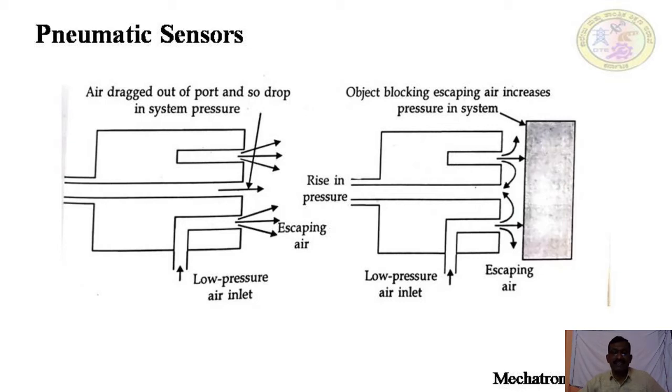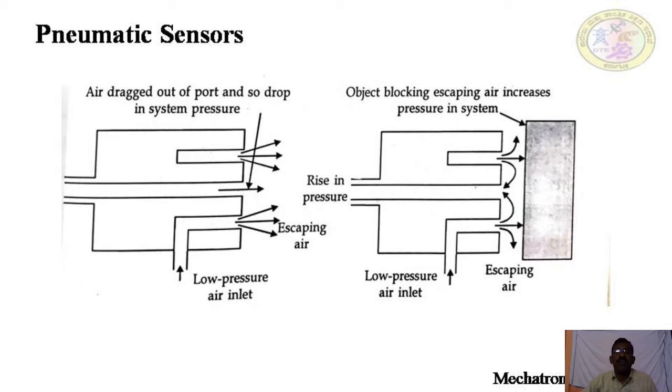On the other circular end of the sensor, in the body, there is an inlet through which low pressure air enters into the cavity, and it escapes freely on one side.